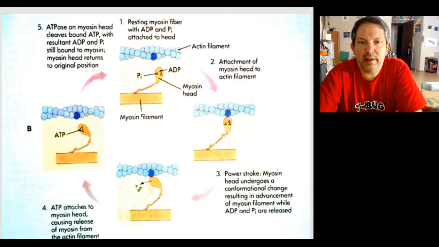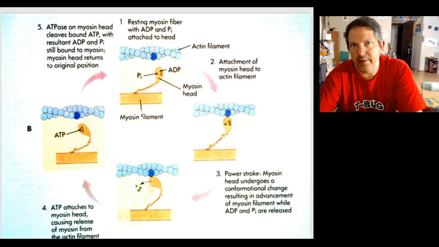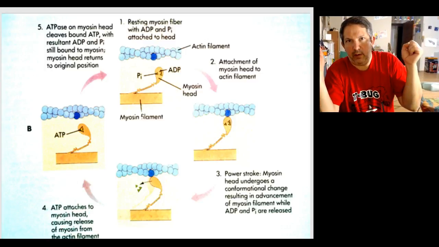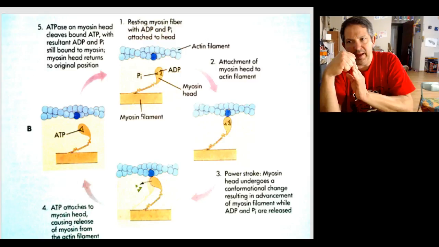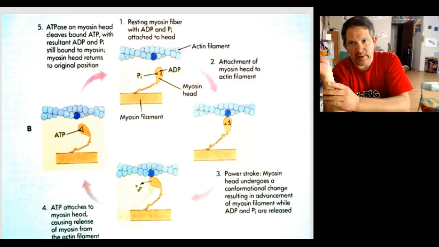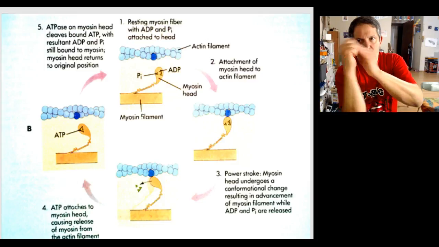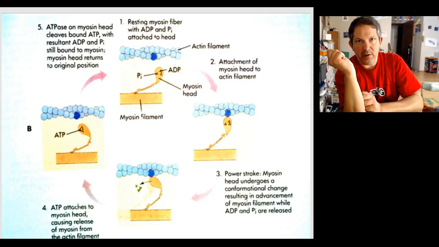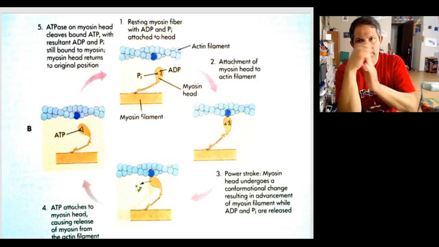Now the interesting thing is that it's already locked and ready. It spent the energy to cock it like this. It spent energy to get ready. It does not spend energy to do that; that's just the release of the energy that was put in.